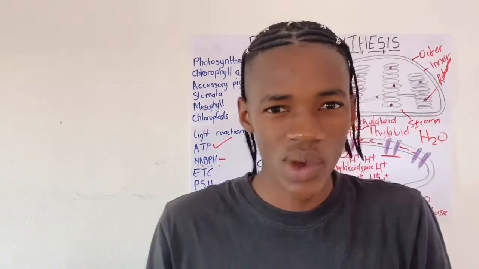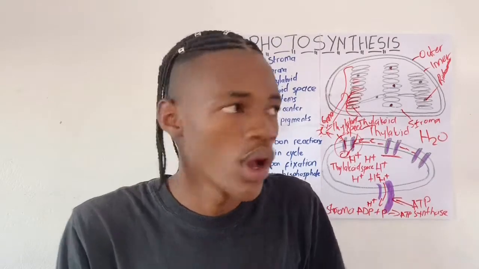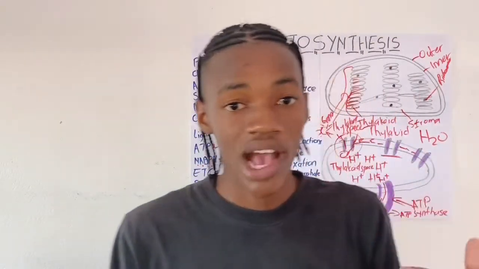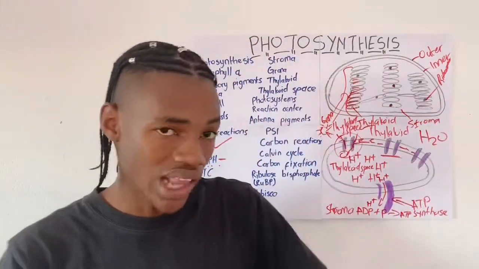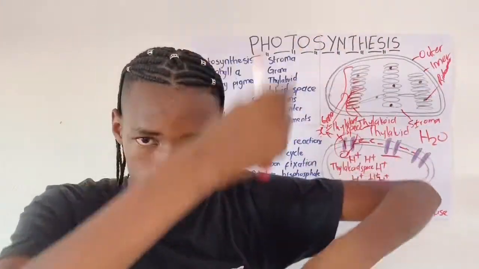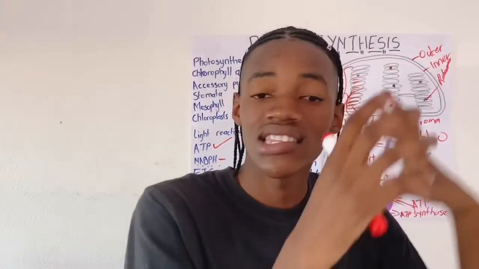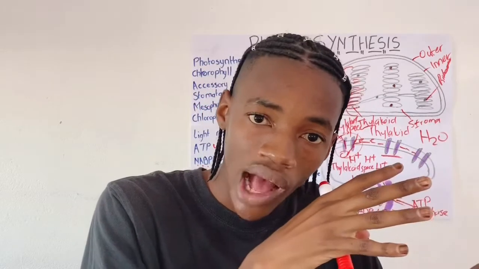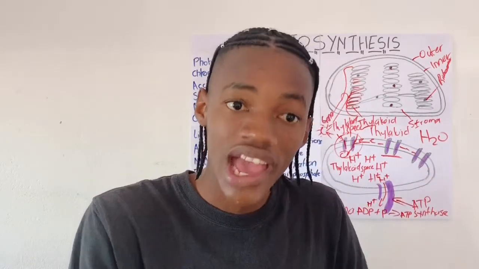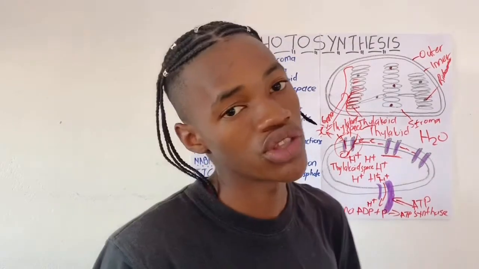So PS1 works pretty much the same as PS2, but in this case we are going to make NADPH from NADP+. So now the pigments take solar energy from the sun, they transfer it into chemical energy, and they funnel this chemical energy to the reaction center.